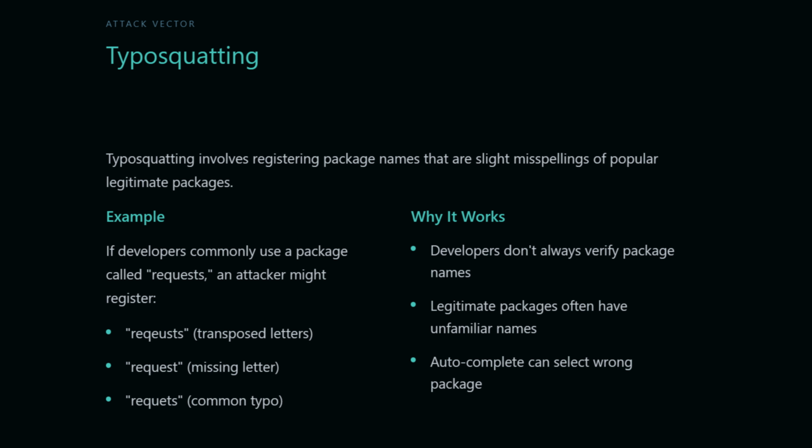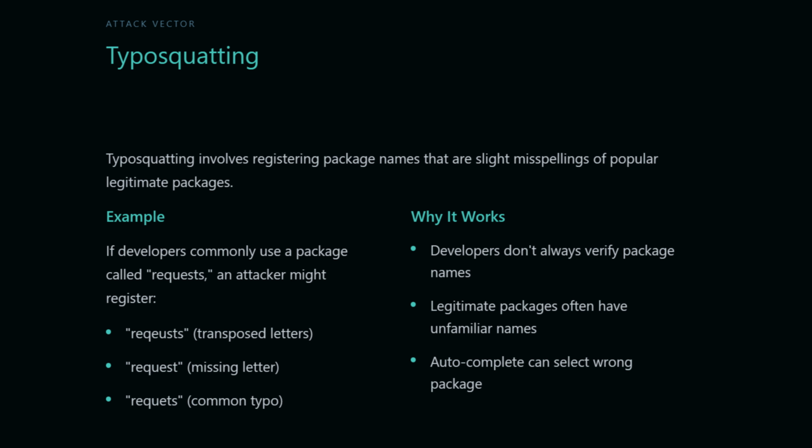Typo squatting involves registering package names that are slight misspellings of popular legitimate packages. Developers who mistype a package name when installing dependencies might inadvertently install the attacker's malicious package instead of the intended legitimate one.